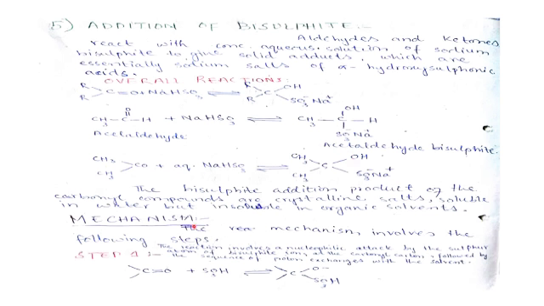The bisulfite addition products of the carbonyl compounds are crystalline salts, soluble in water but insoluble in organic solvent. The mechanism of the addition of bisulfite to the carbonyl involves the following steps. In step 1, the reaction involves a nucleophilic attack by the sulfur atom of the bisulfite ion at the carbonyl carbon, followed by a sequence of proton exchange with the solvent.